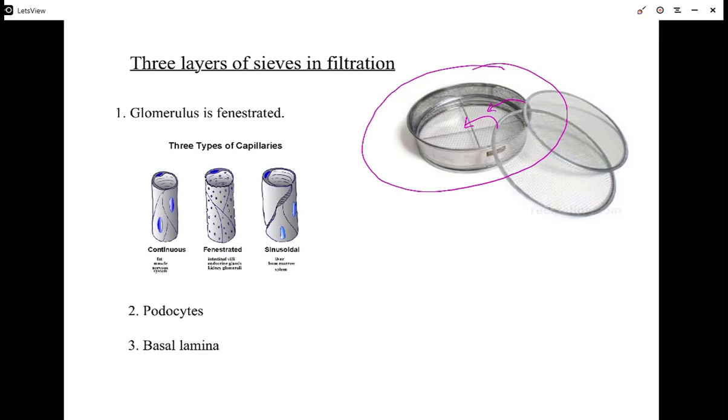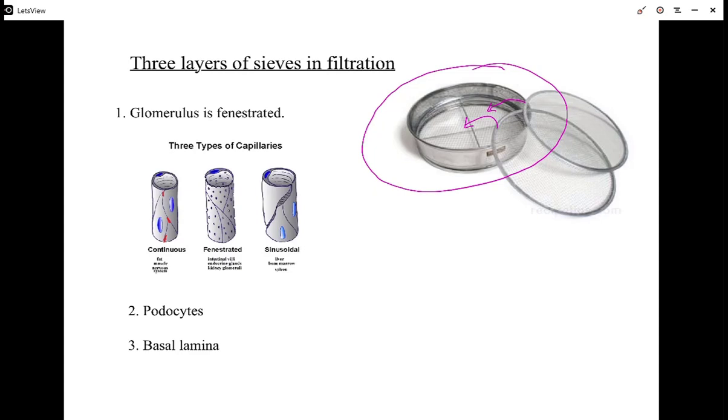And it starts with the glomerulus itself. Capillaries come in 3 forms: continuous, fenestrated, and sinusoids. The most common capillary style is the continuous one, and this is the one that we think about. The continuous capillary has very few openings, and if they do, they're very temporary and very small, in those little clefts.